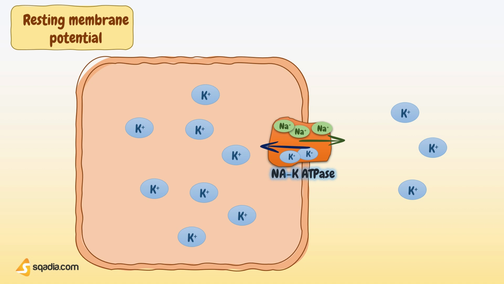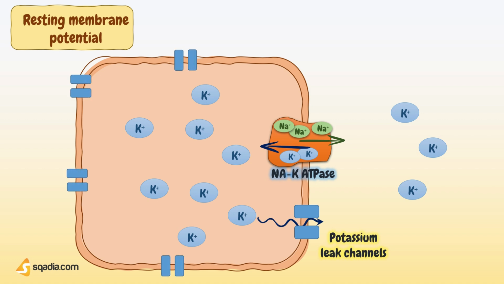To balance its concentration gradient, potassium starts to move out of the cell. As they can't simply diffuse out of the cell membrane, they move out through other ion channels called potassium leak channels present throughout the membrane. Potassium is positively charged, and so inside the cell, it makes bonds with anions.